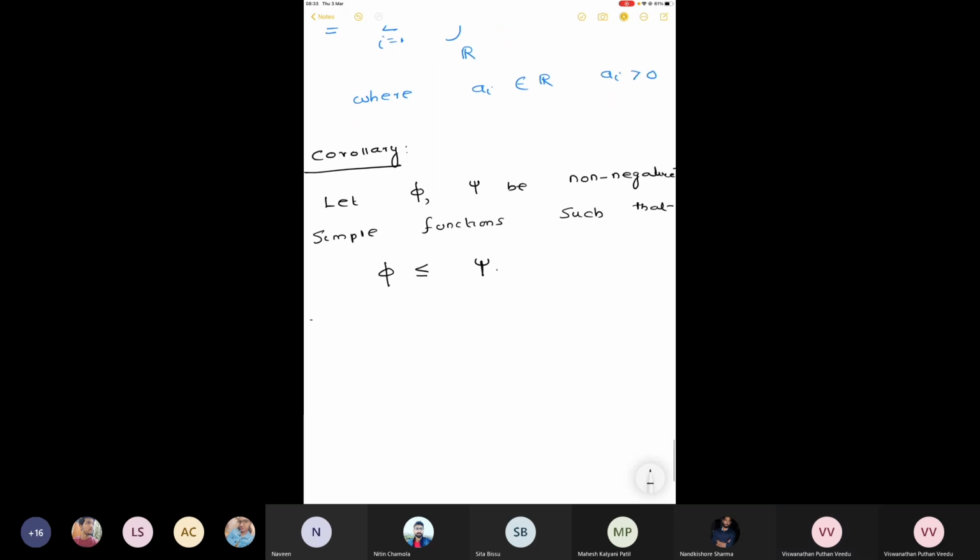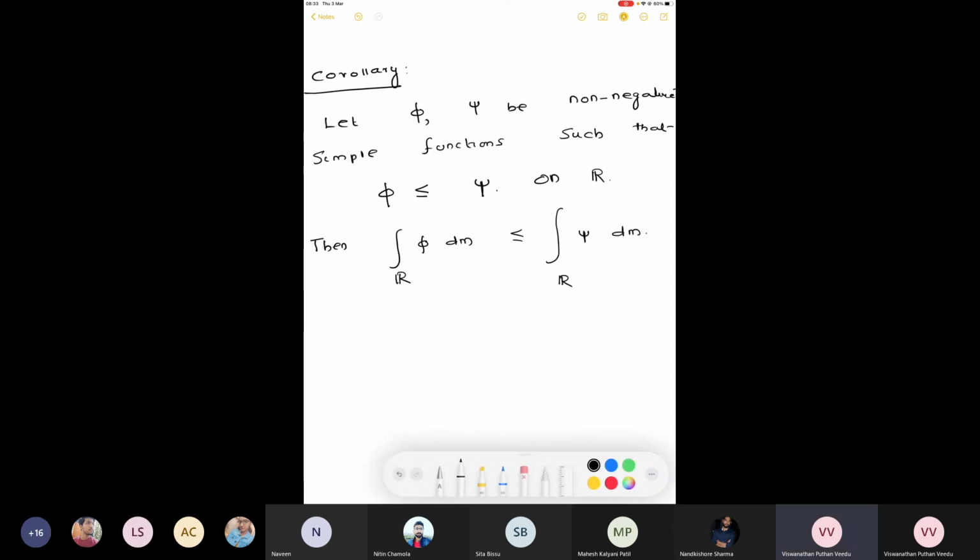Then integral over R phi dm, this is another property that we expect, is less than or equal to integral over R psi dm. Let us assume that all the functions are defined on whole R. So if phi is less than or equal to psi, then the integral of phi would be less than or equal to the integral of psi.